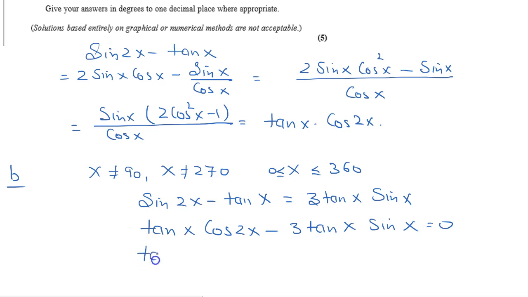So tan x is common. We have cos 2x. Cos 2x can be written as 2 cos squared x minus 1. So 2 cos squared x minus 1 minus 3 sin x.